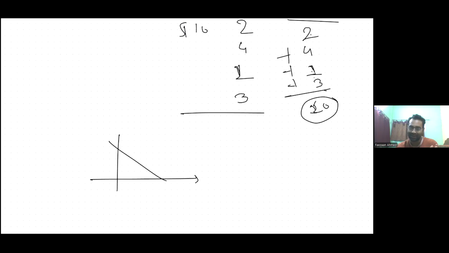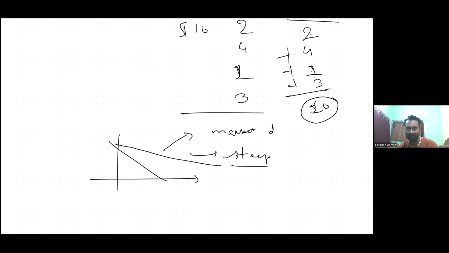Would this still remain a steep sloping line, or would it change? If you think about it, it is going to be still downward sloping, but a little more flatter. And this is known as the market demand curve, or the market demand schedule.